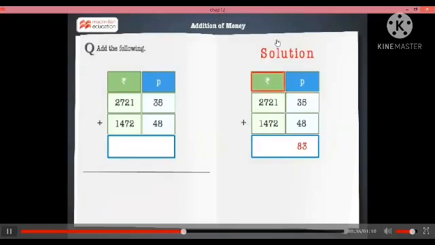Now add the values in the rupee column. 2,721 plus 1,472 is equal to 4,193. Write 4,193 in the rupee column. Hence, 2,721 rupees 35 paise plus 1,472 rupees 48 paise is equal to 4,193 rupees 83 paise.